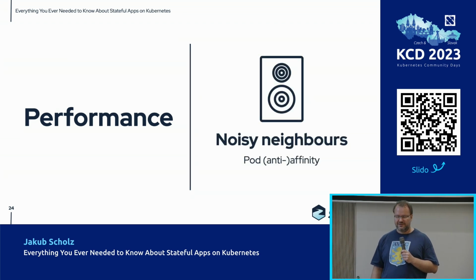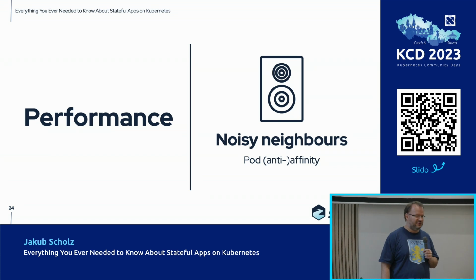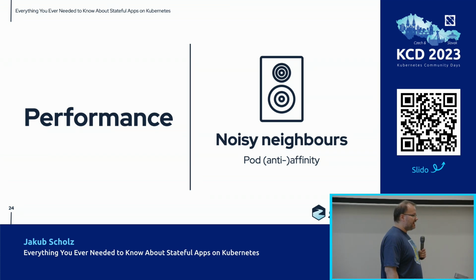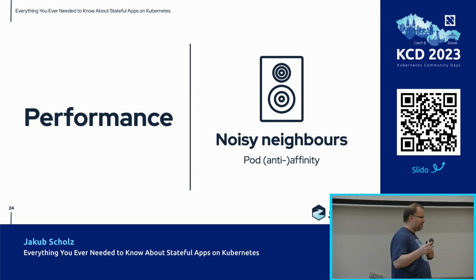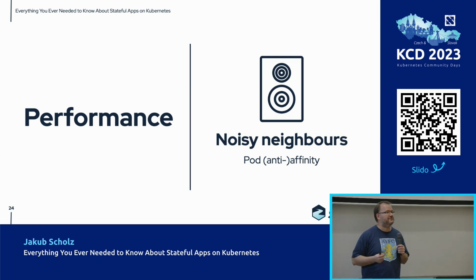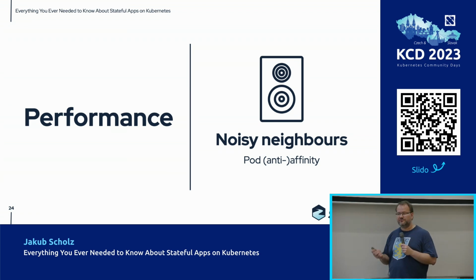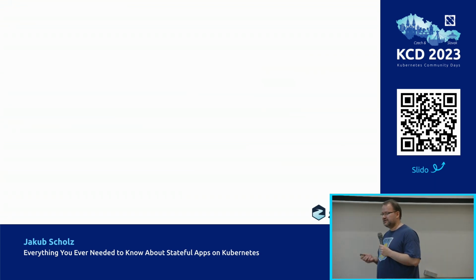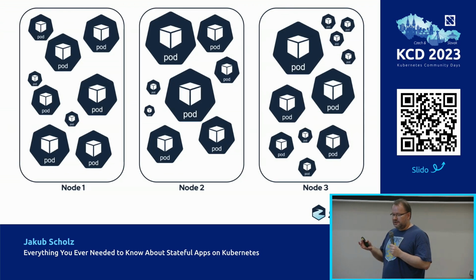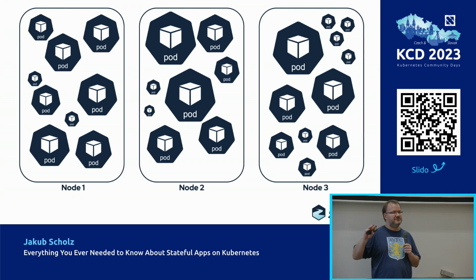Another thing is to think a bit about the noisy neighbors, the applications which are using, for example, the same resources. Storage bandwidth might be one of the resources which you often run out of. And often it happens because you have multiple colliding stateful applications which use a lot of these resources.